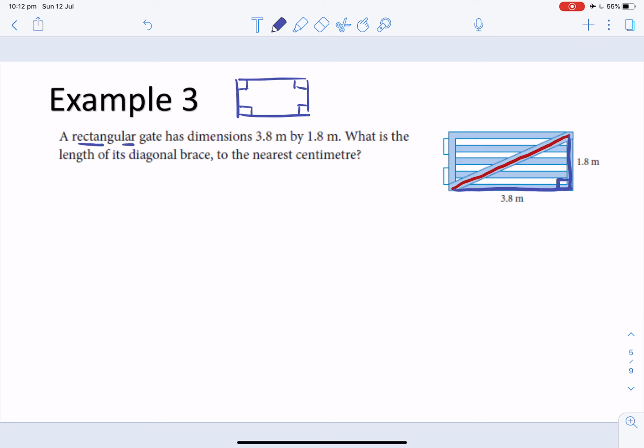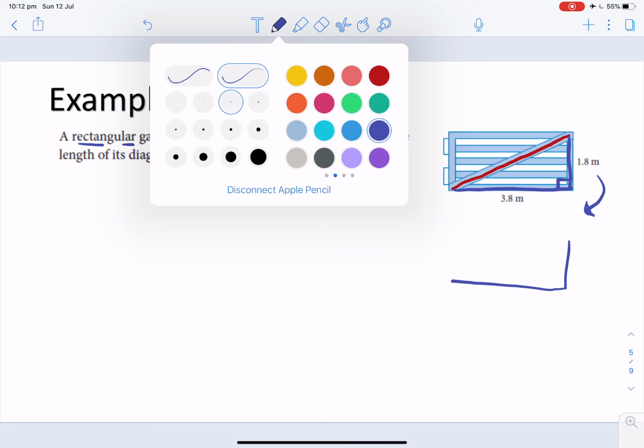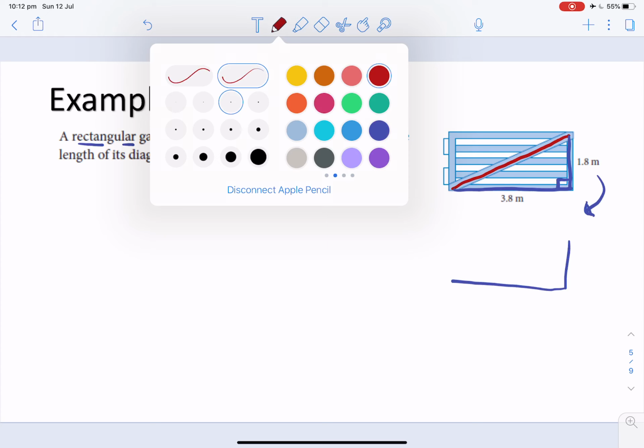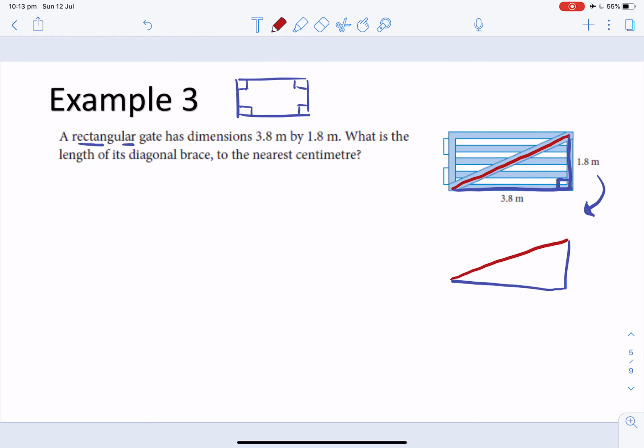So let's move this picture off here so we're not confused by gate lines. Disregard the fact that it's not straight. That's better. All right, so my first side is 1.8. My second side is 3.8. And I need to find the length of that.